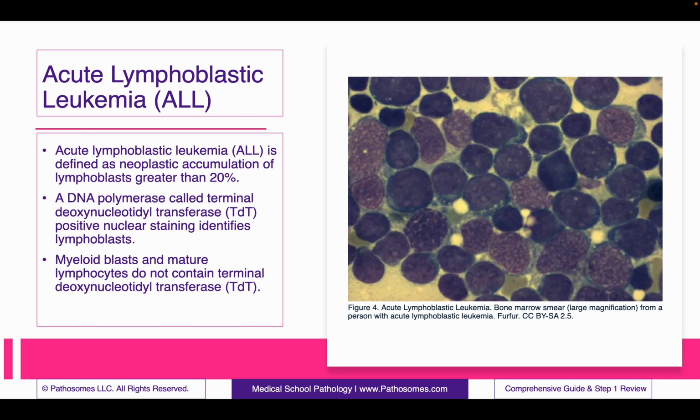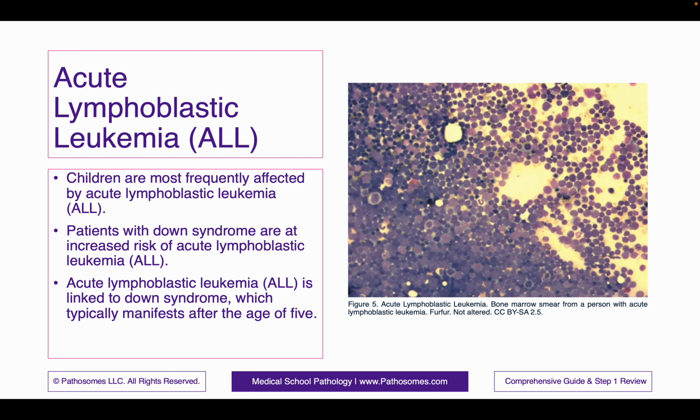Myeloblasts and mature lymphocytes do not contain terminal deoxynucleotidyl transferase. Children are most frequently affected by acute lymphoblastic leukemia. So all the future pediatricians out there, make sure you have this high on your differential.